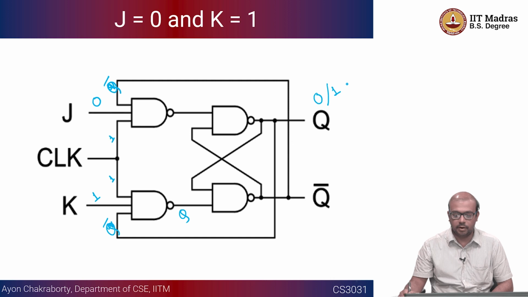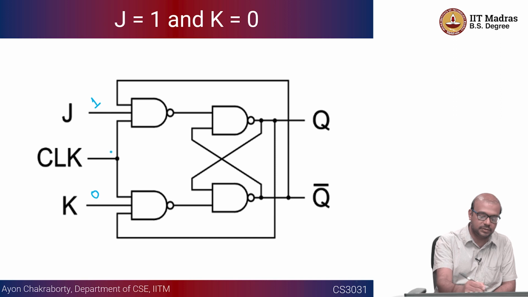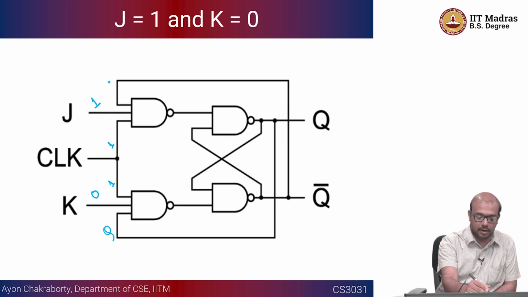That is just to recall how the state diagram looked. Similarly, here the output is going to be determined based on the values of J equal to 1 as an input and K equal to 0 as an input. Clock is high. Here you have Q, and here you have Q bar.